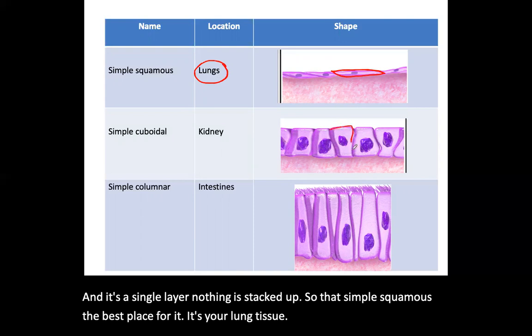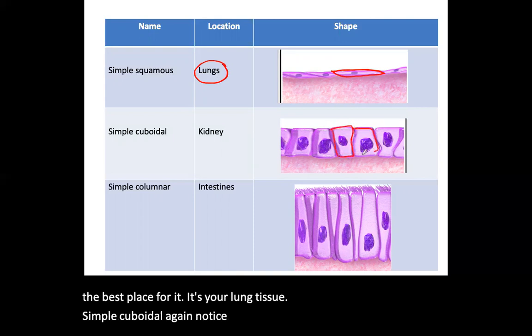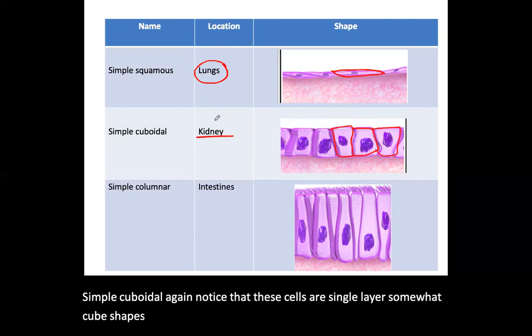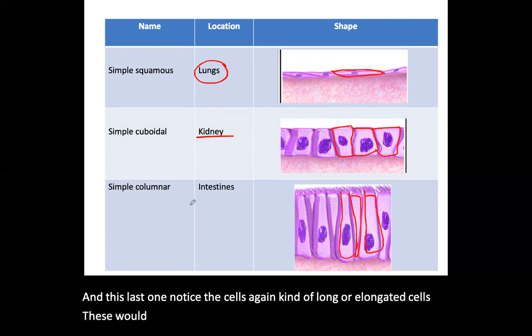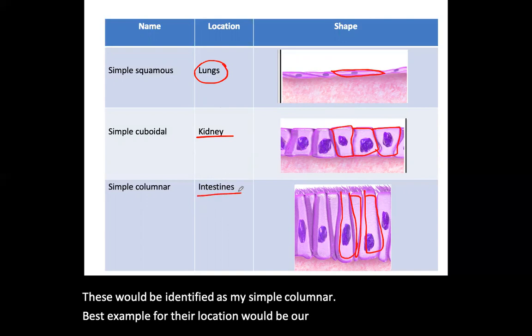Simple cuboidal, again, notice that these cells are a single layer, somewhat cube-shaped cells. That's found in your kidneys. And this last one, notice the cells, again, kind of long or elongated cells. These would be identified as my simple columnar. Best example for their location would be our intestines.